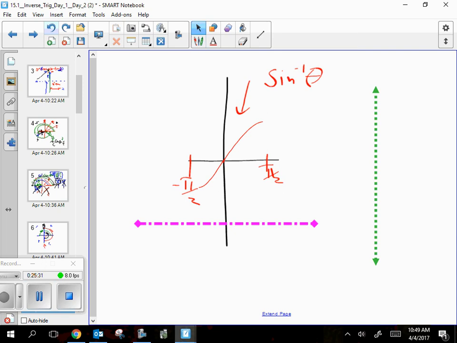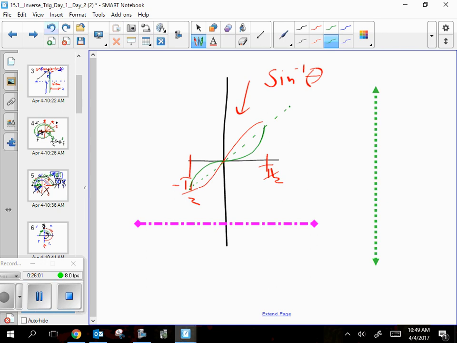Another thought about inverses. Inverses are a reflection over the line y equals x. So the graph of inverse sine, we won't make you graph inverse sine. But if you had to, it's a reflection across this line. Do you get that that would go something like the green line? That's what inverse sine really looks like. That's why inverse sine can't exist outside of negative pi over 2 to pi over 2.